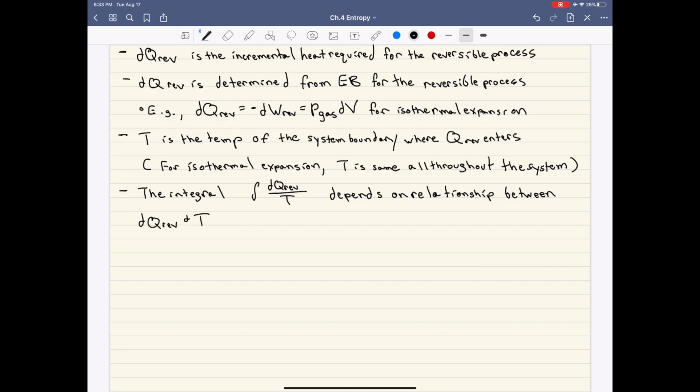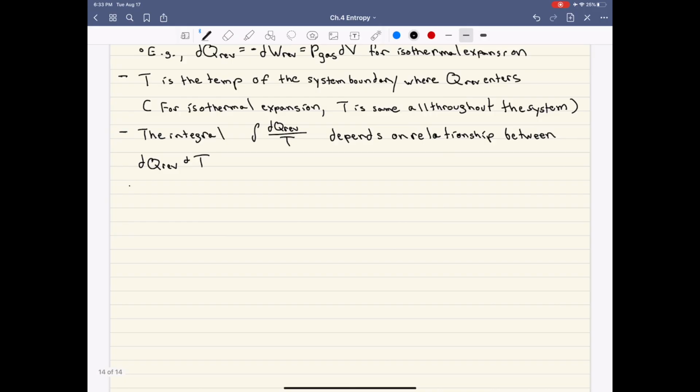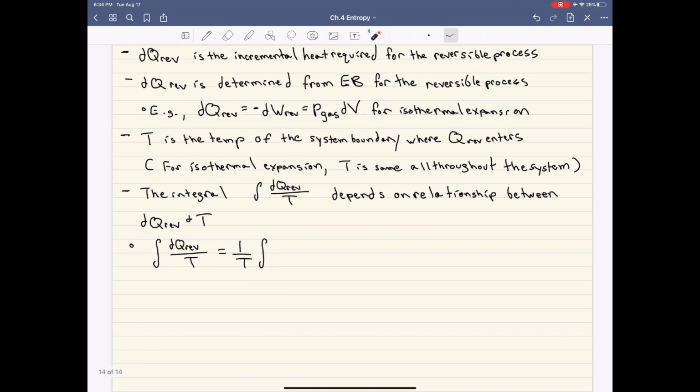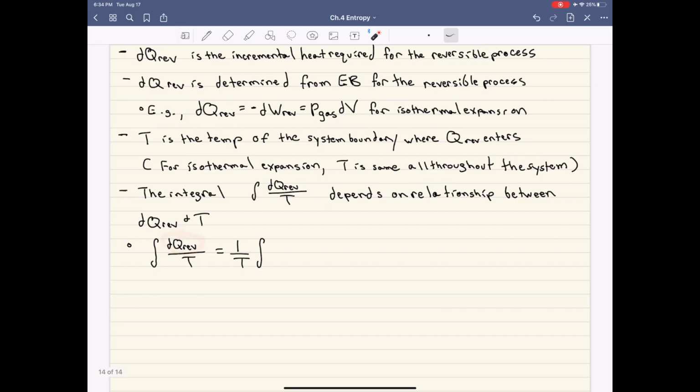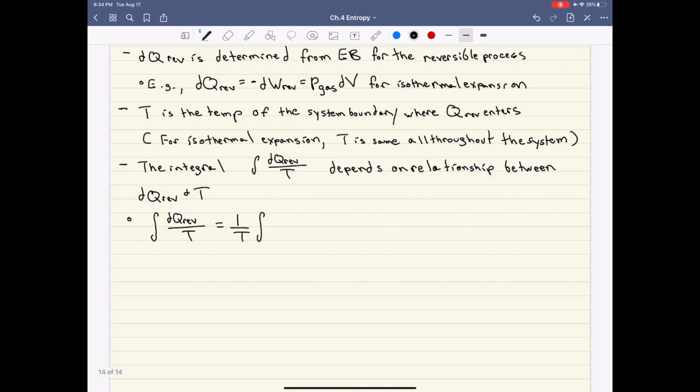Okay? And so for example, if I go back to the isothermal expansion, I have dq rev here divided by t, right? Temperature, it's isothermal, temperature is going to be constant, so I could pull it outside of that integral. And then I know that dq rev for the reversible isothermal expansion is equal to just p gas dV.